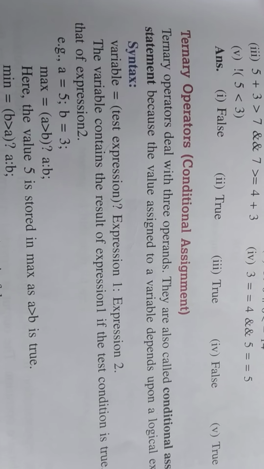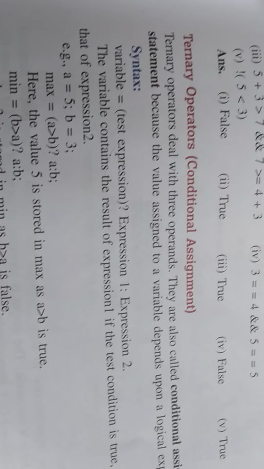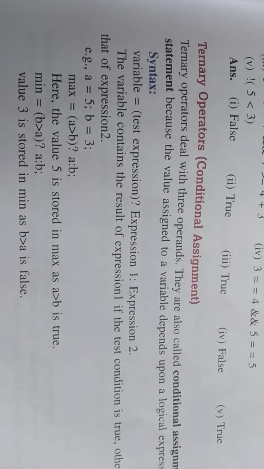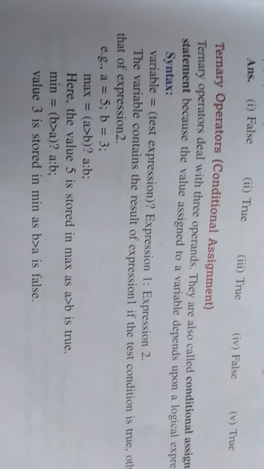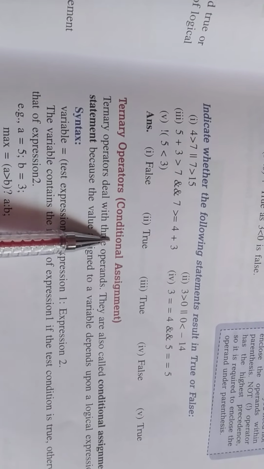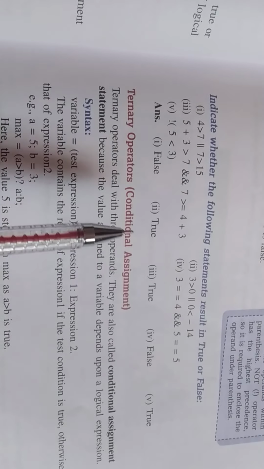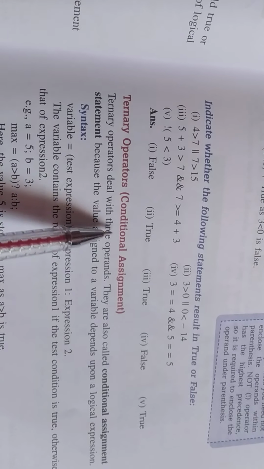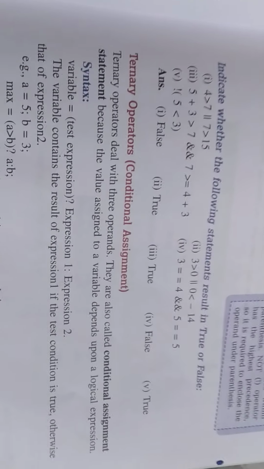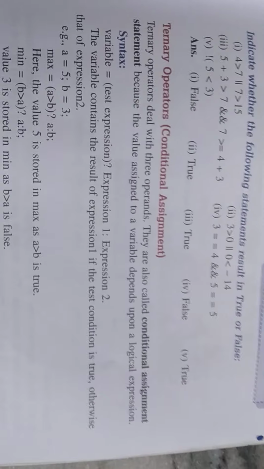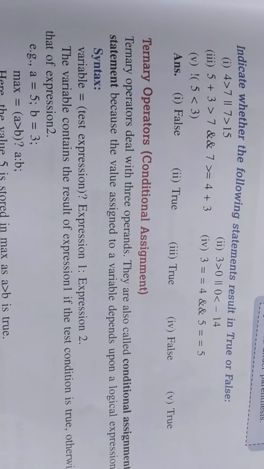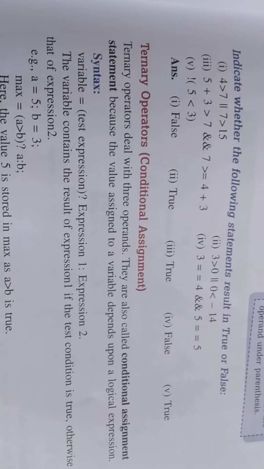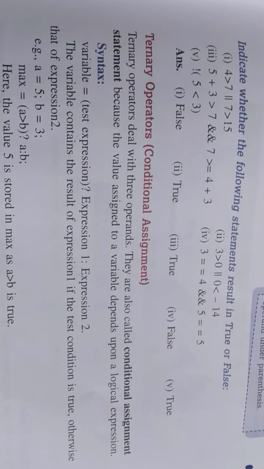That means in order to perform ternary operations, a minimum of three operands are required. This ternary operator is also known as the conditional operator, or conditional assignment. Ternary operators deal with three operands. They are also called conditional assignment statements because the value assigned to a variable depends upon a logical expression.